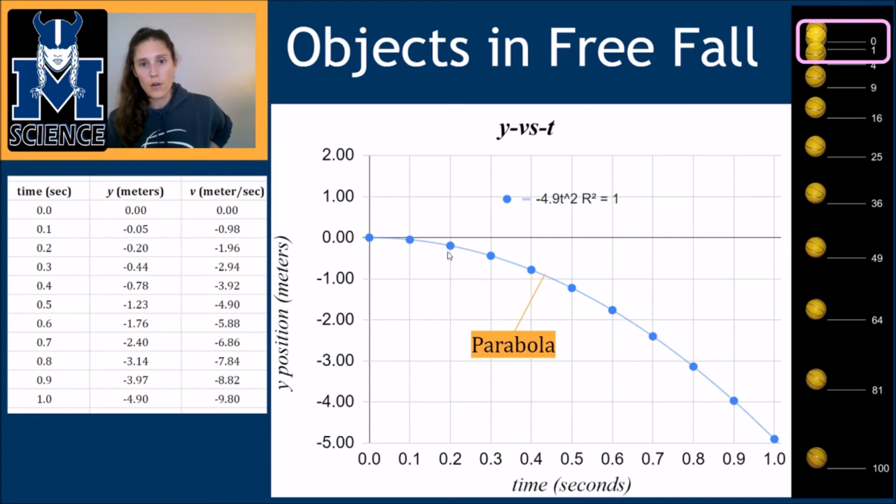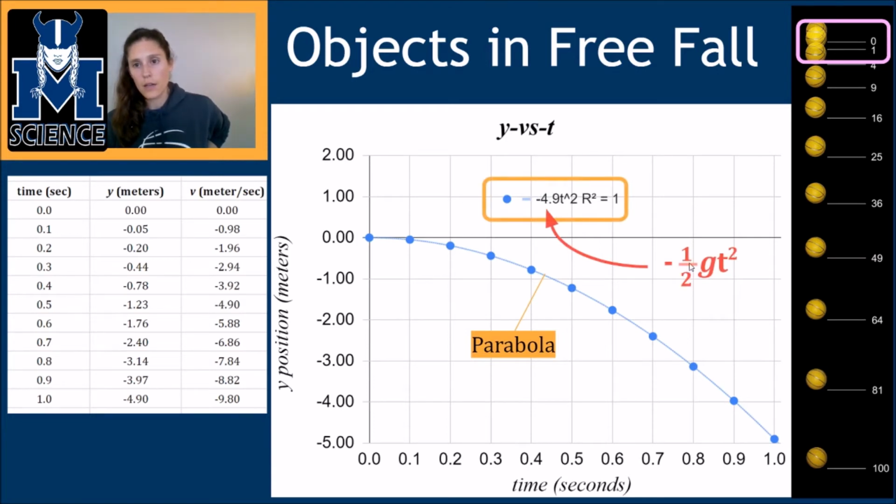Okay. If we graph that over time and fit a best fit line to it in Google Sheets or in Excel, we would notice that a parabola, a 2-degree polynomial, works really well. Take a look at what's going on right here, this negative 4.9. That's negative 1/2 times 9.8, right?